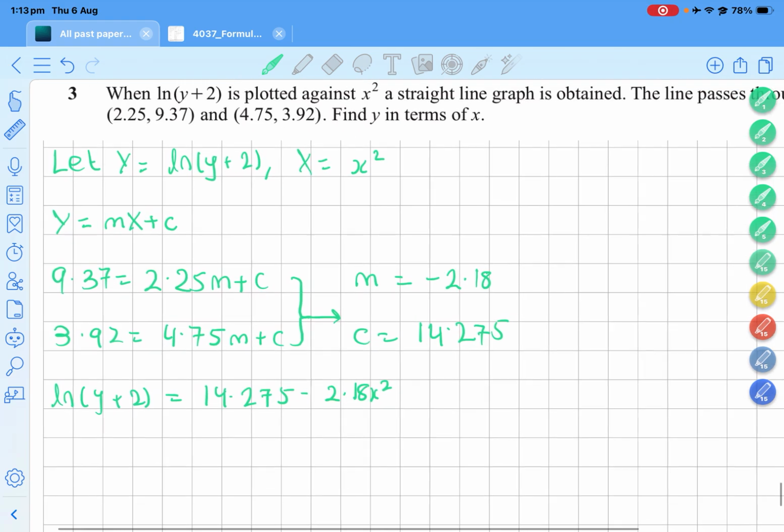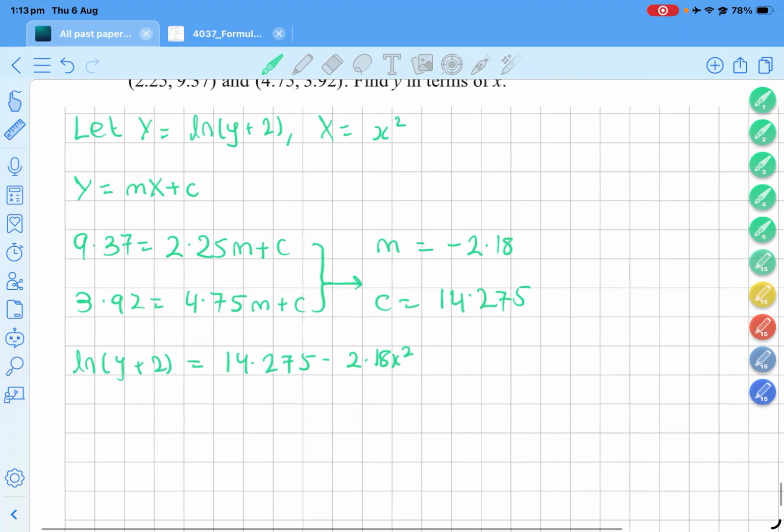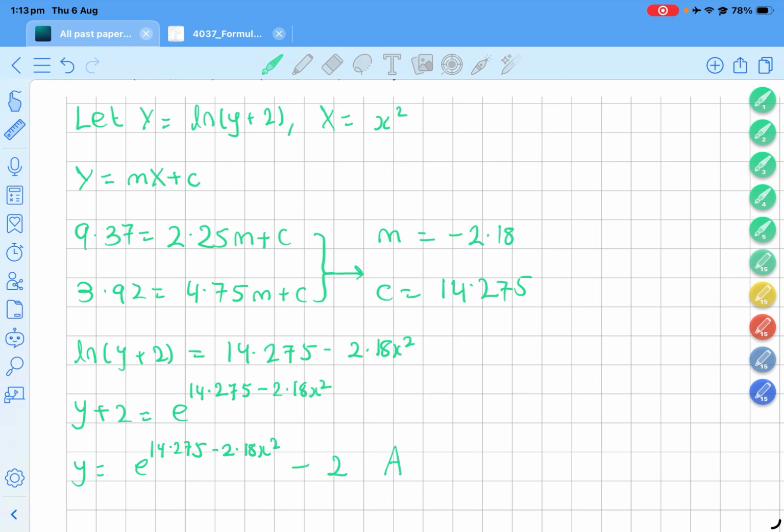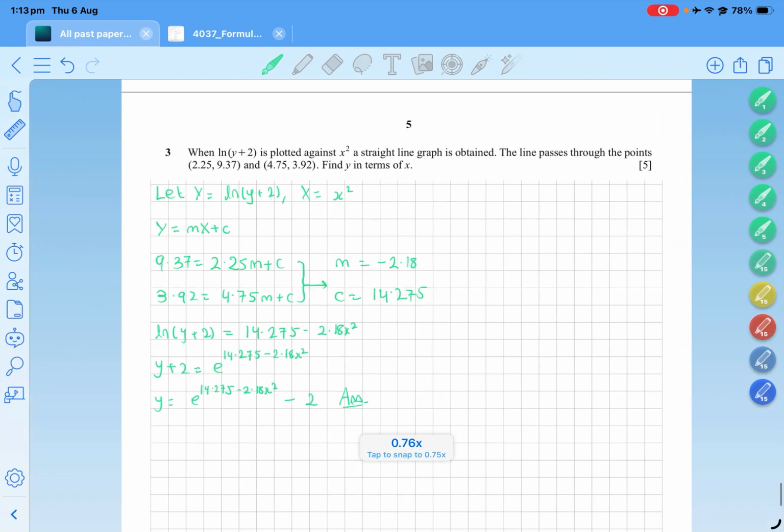So to find y in terms of x, y plus 2 will be equal to e raised to all of this stuff, 14.275 minus 2.18x squared. So y is equal to e raised to 14.275 minus 2.18x squared, minus 2. Answer.